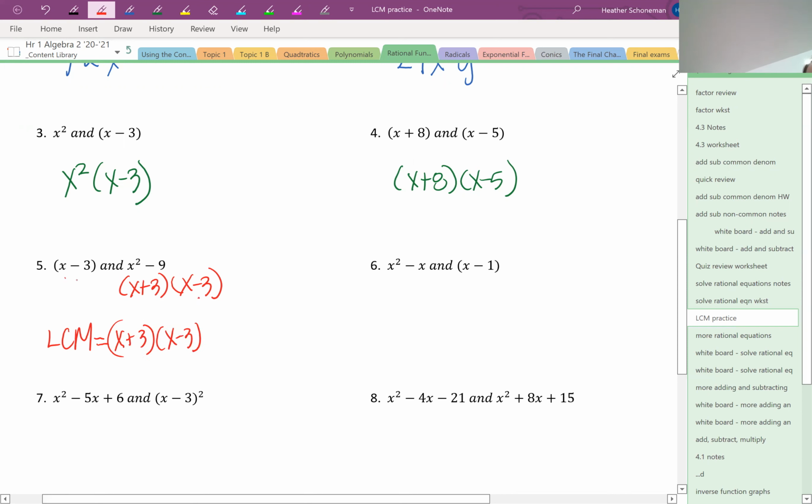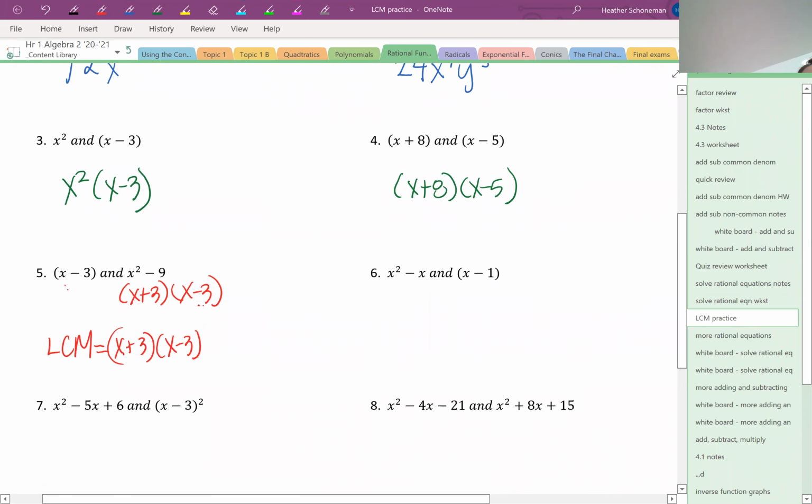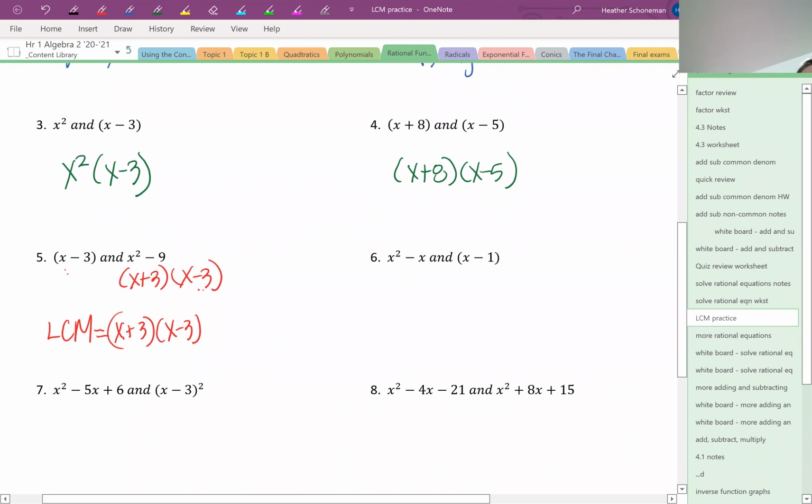Both of these do have an x minus 3, but just like we did on 1 and 2, we're not combining them, we're just representing them. They each have 1, so the most anyone has is 1, so I have 1 x minus 3 in my answer. On number 6, if I factor this first, I get x times x minus 1, so my least common multiple is going to be x times x minus 1.